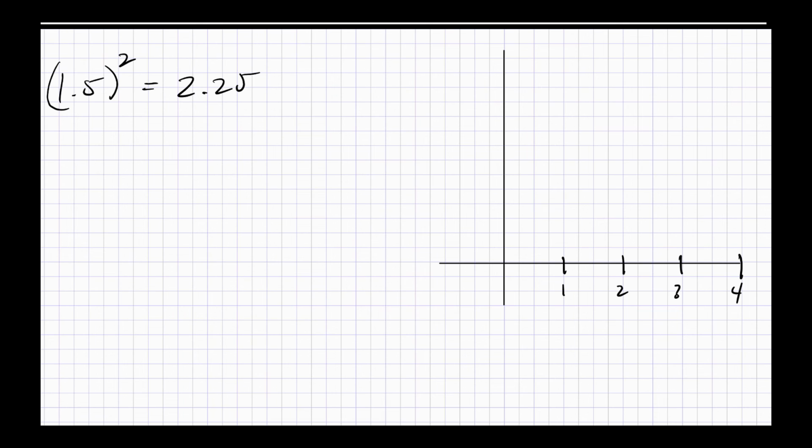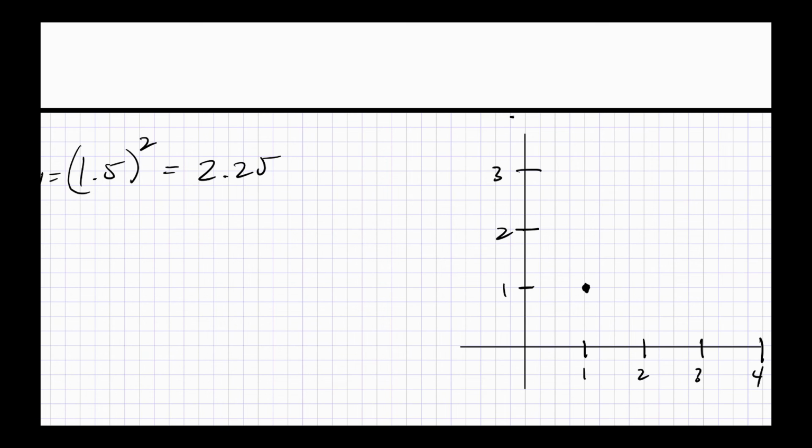So at 1, if I plug it into x squared, that's 1. If I plug in 2, that's 4. And 3. Kind of looking something like that.